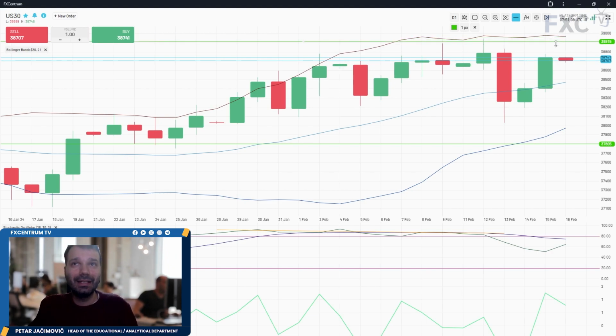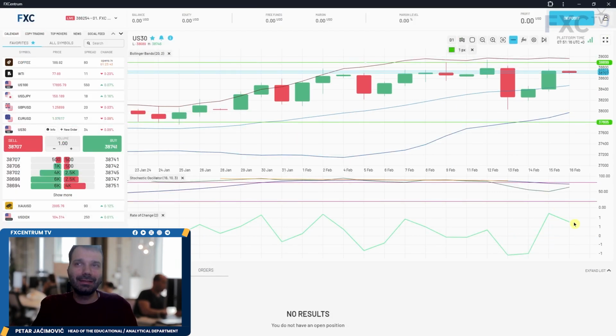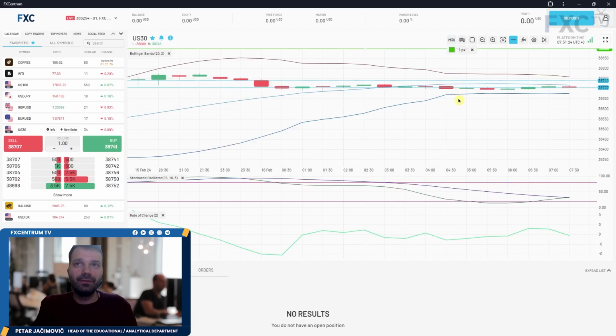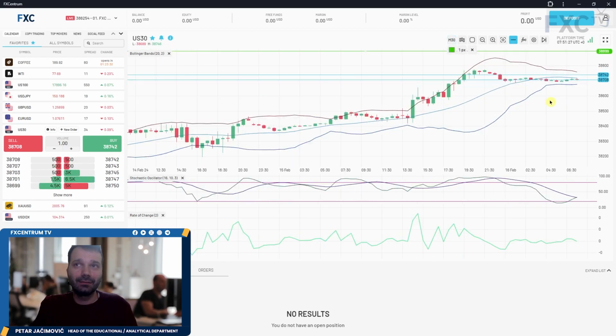The upper Bollinger Band seems to be around 39,000. It's a quite important pivot level, and the rate of change here is showing a flip to the downside. So we might have a pullback day today towards the middle Bollinger Band, of course, if the intraday structure confirms that. So far it's pretty flat with a horizontal consolidation.